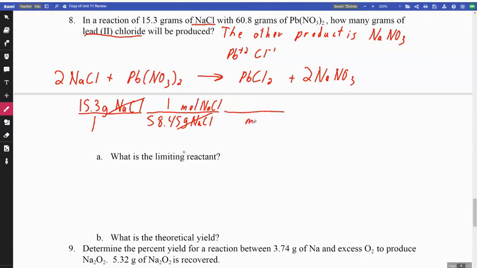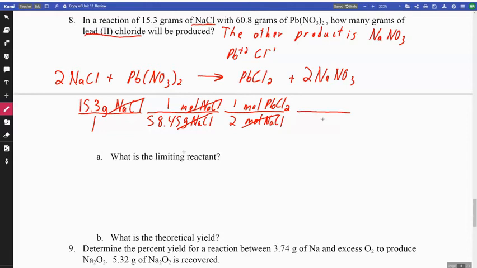So moles NaCl on bottom. Moles of our product, lead 2 chloride, which is PbCl2. Okay, then moles on top, moles on bottom. So we need our coefficients. 2 for NaCl, 1 for PbCl2. Moles of NaCl cancel out. We are left with moles of PbCl2. That is not where we want to be.